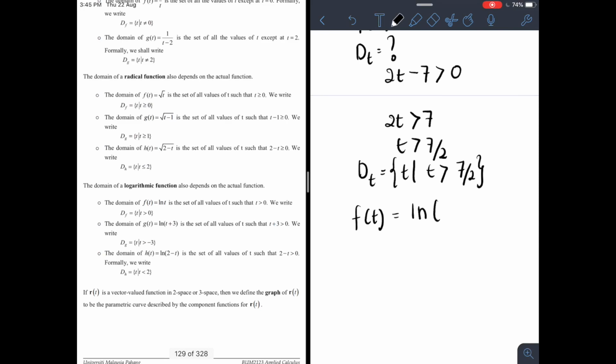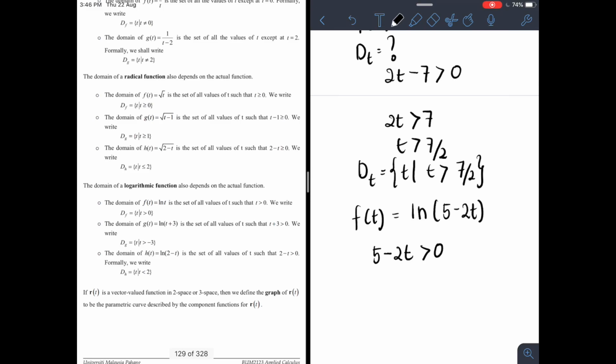ln(5 minus 2t). Again, this example actually belongs to logarithmic function. What should I do next? I understood the argument of my logarithmic function should always be larger than 0 in order for this function to be defined. Therefore, I will have 5 minus 2t larger than 0.